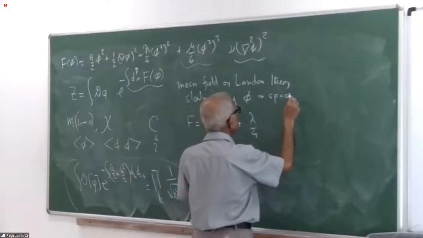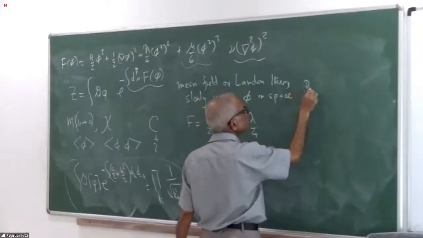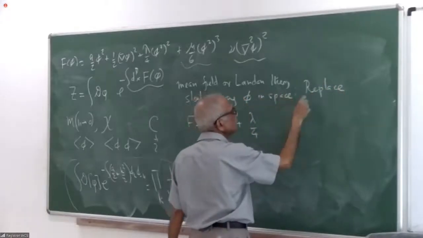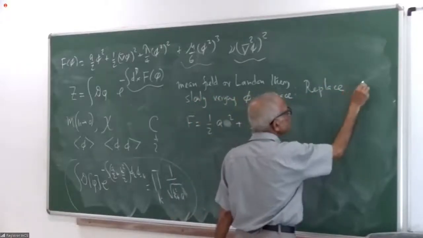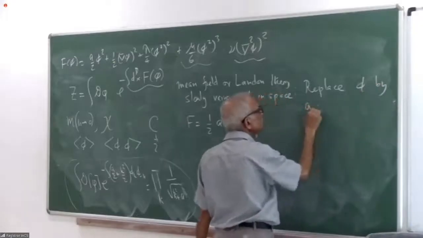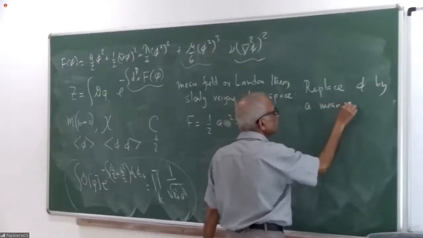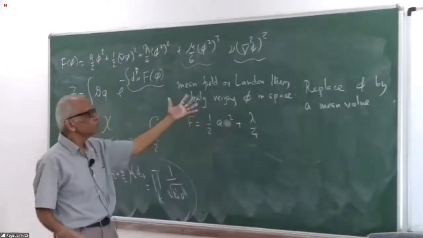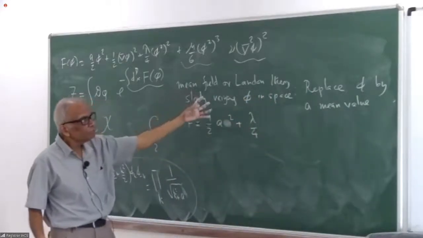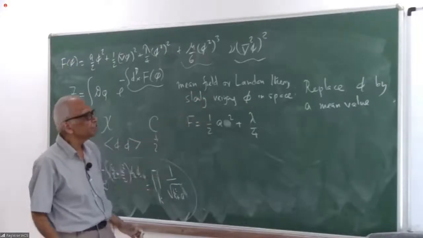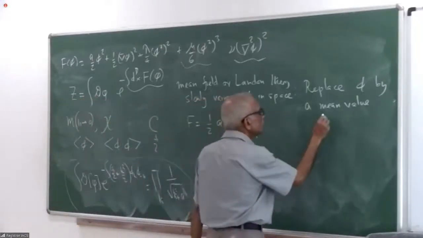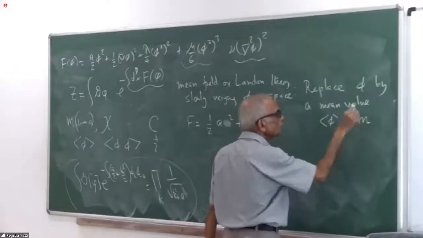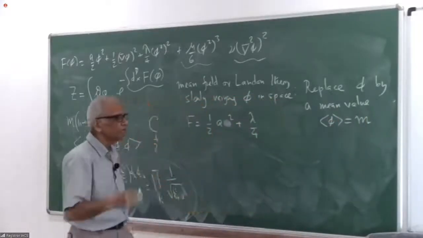Phi is replaced by a mean value, because there was a spatial variation that you have ignored by replacing phi with its average value, which is m.